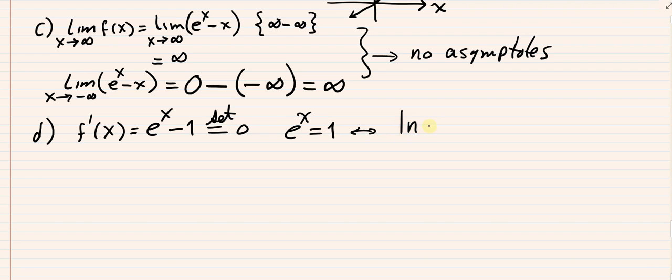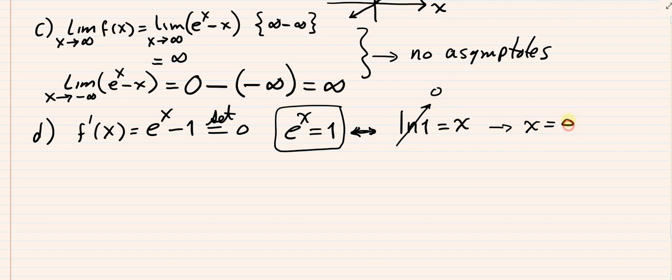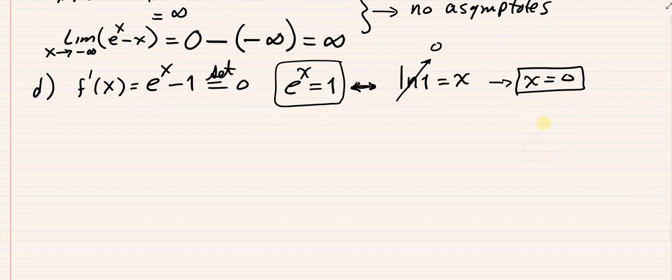That means ln of 1 is equal to x, using the definition of the natural exponential function. And ln of 1 is 0, of course, so x is 0. At x equals 0, that's the only critical number we have for the first derivative.